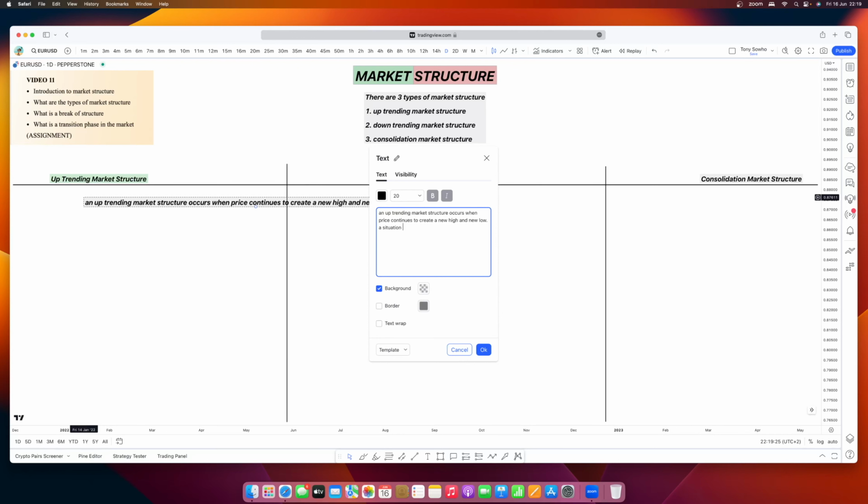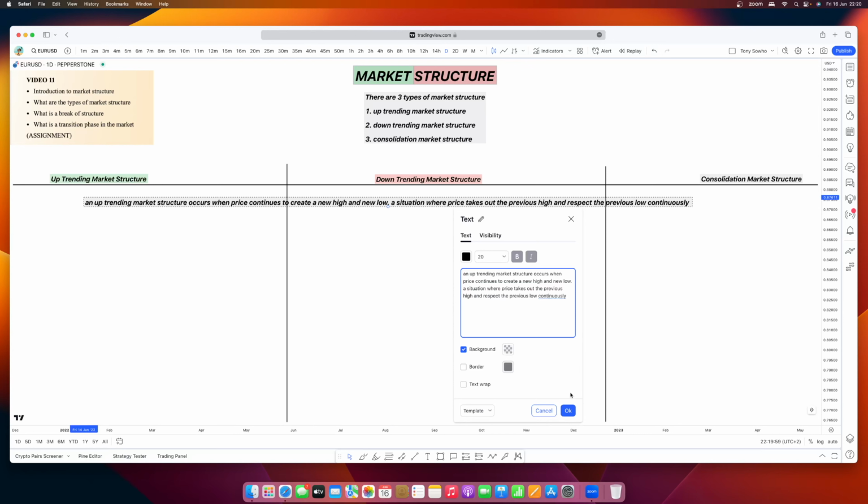A situation where price takes out the previous high and respects the previous low continuously. Exactly. So yeah, this is an uptrending market.